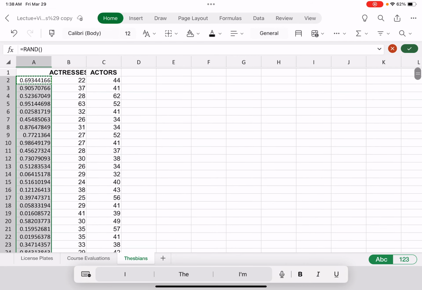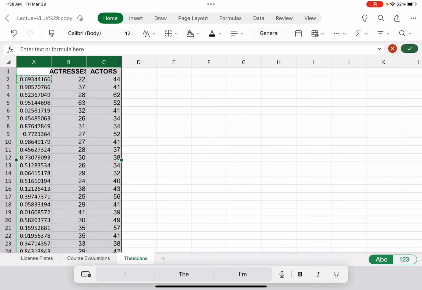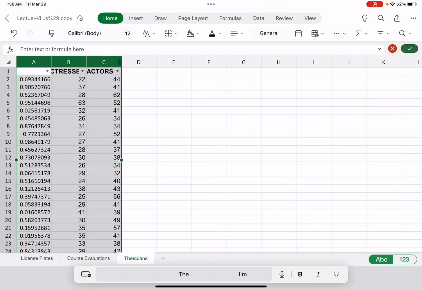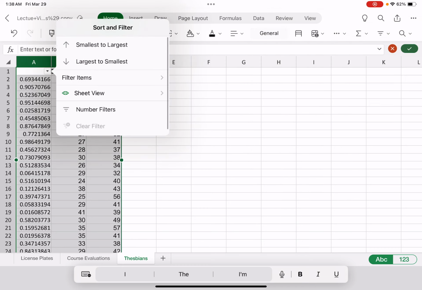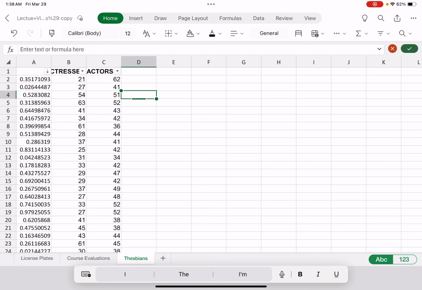There are my random numbers. Now I'm going to grab these here, filter, show filter button, sort smallest to largest. Okay, it randomized, it mixed it all up, because it was 22, 42, now it's 21, 62.